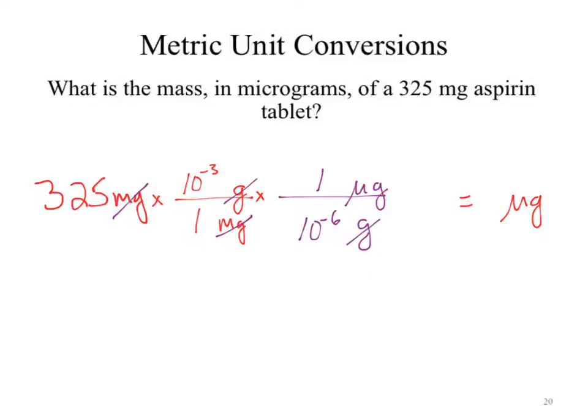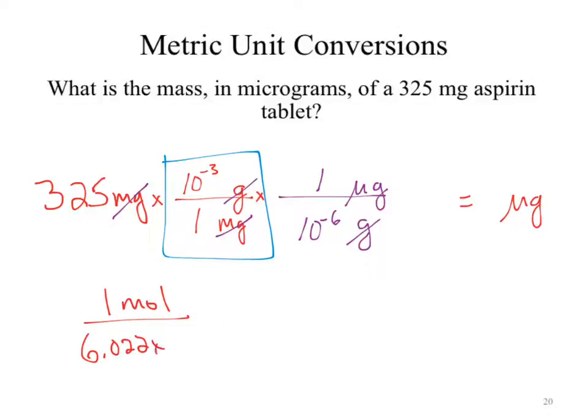To do these conversions, we needed a conversion factor, a unit that related two things. Say like 1 mole of atoms is 6.022 times 10 to the 23rd atoms.